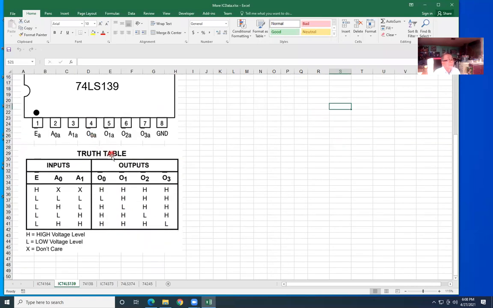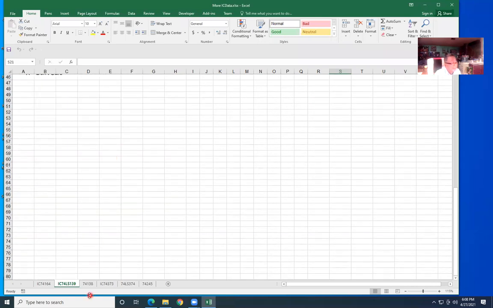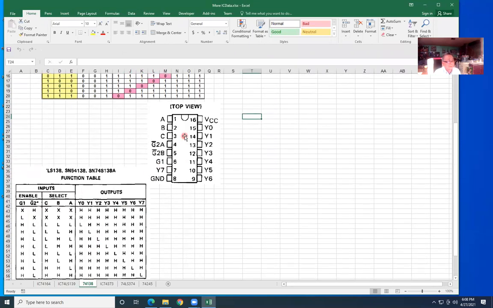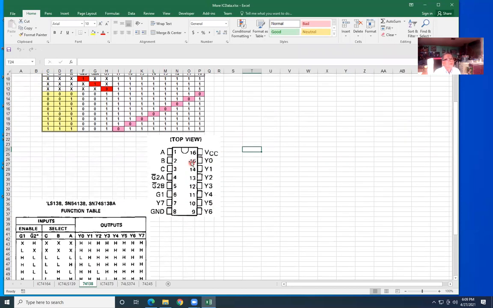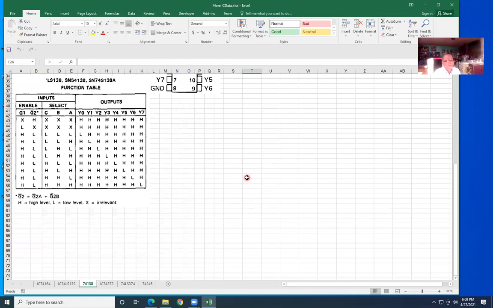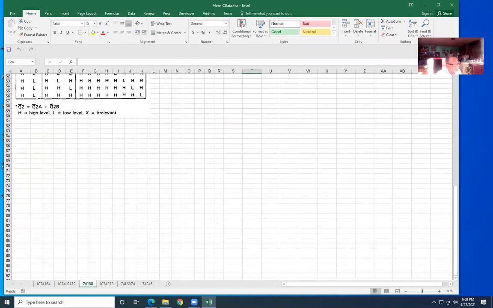We already did it. Okay. Now, next one, 138 here. They give you an IC, and that is how they work. We already did that. Now, next one.